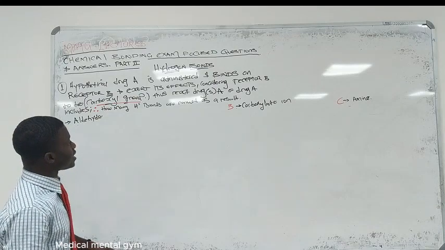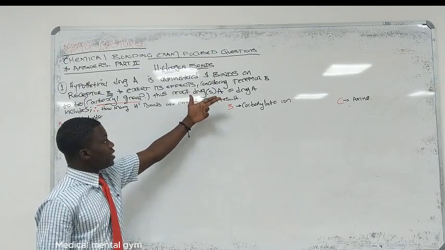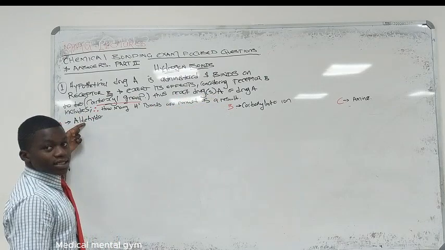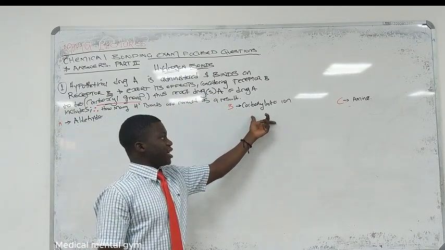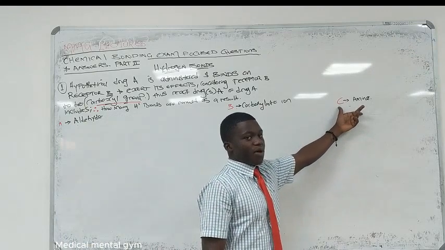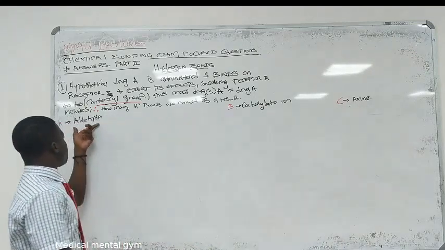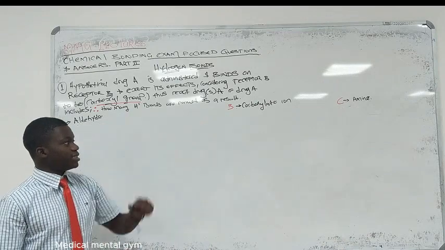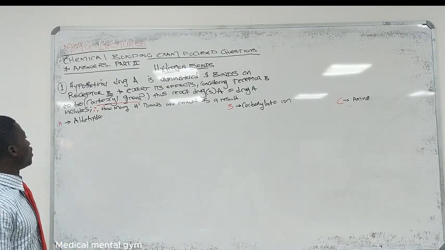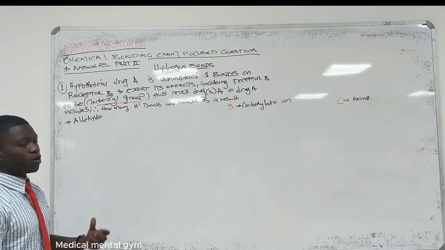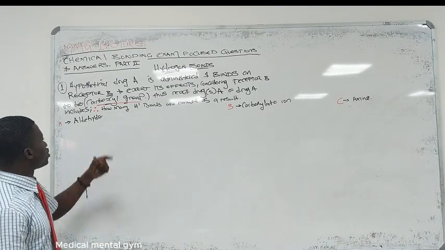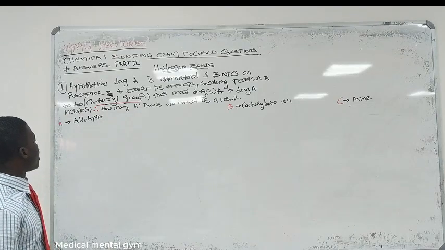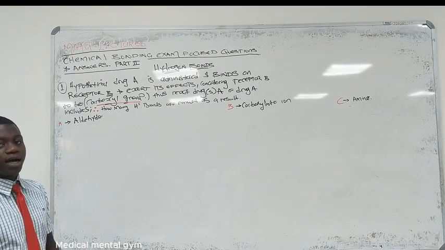Thus, react drug A. If drug A includes aldehyde, carboxylate ion, and amine, then for each of these hypothetical drugs, we'll have to show hydrogen bonds between the carboxyl group, which is the receptor, and the drug, which is the aldehyde, carboxylate ion, and the amine.